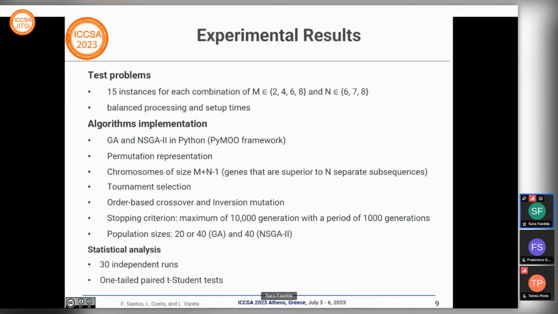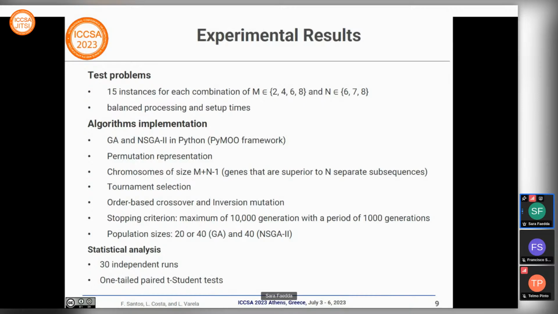We used a permutation representation with chromosomes of size n plus m minus 1. In this chromosome, genes that are greater than the number of jobs separate subsequences. These are the operators we have used: dominant selection, order-based crossover, inversion mutation, and a stop criterion.